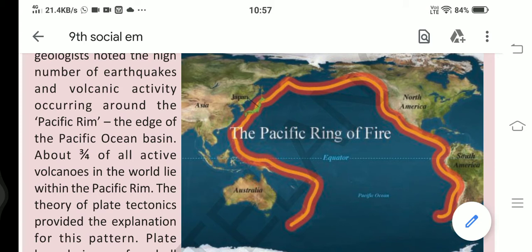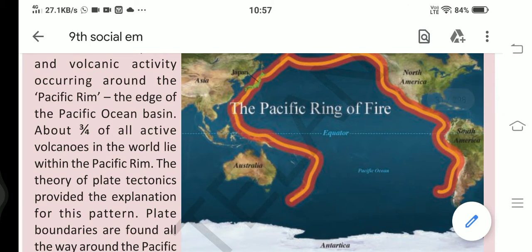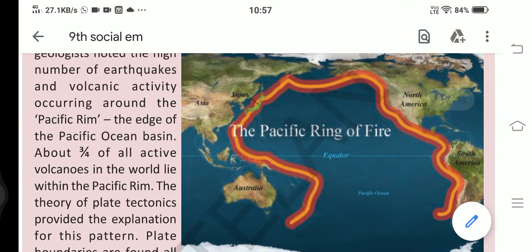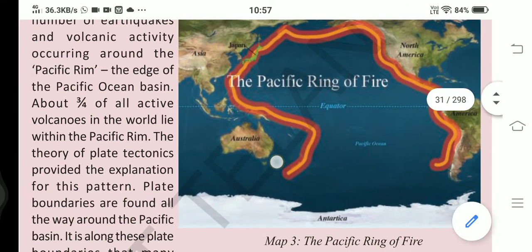So there we'll see that due to the movements of this Pacific plate colliding with all these plates which surround the Pacific plate, mantle material comes out, understand, and that leads to the formation of a new part of the crust, and especially earthquakes take place in this region.